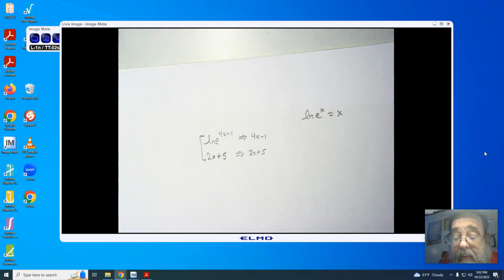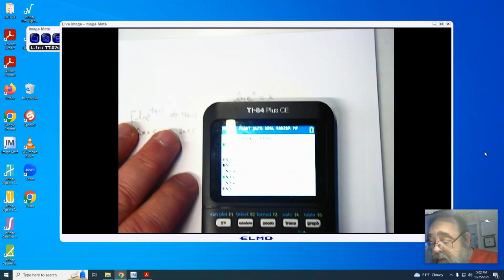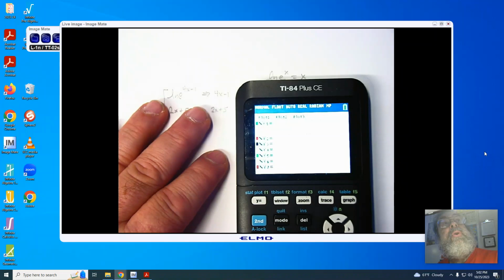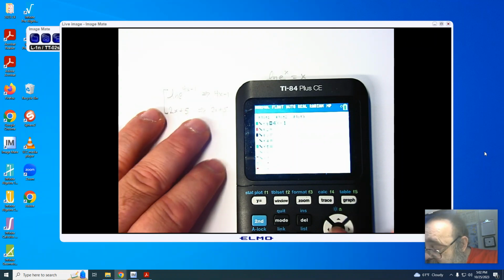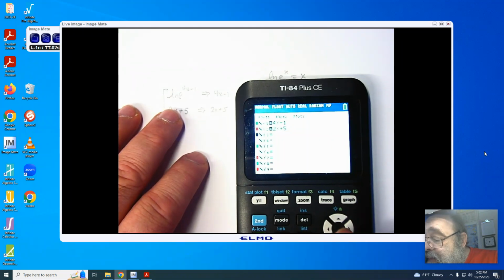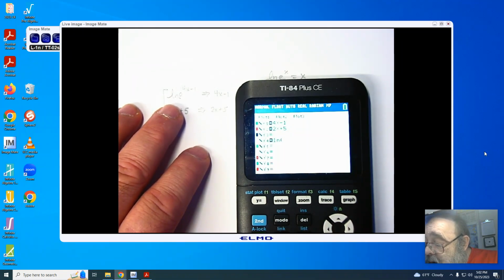So the whole idea is to put the two equations into our calculator, exactly as I'm about to show you. I have my 4x minus 1, and I have my 2x plus 5. For those who prefer, I'm going to put the next one in purple: natural log of e to the power of 4x minus 1.